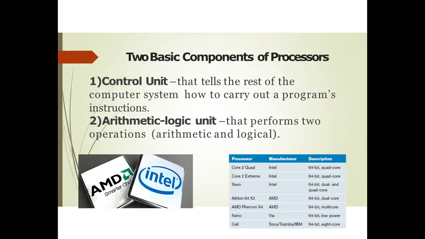There are 2 basic components of the processor. The first one is the control unit that tells the rest of the computer system how to carry out a program's instruction. And the other one is the arithmetic logic unit, or the ALU, that performs 2 operations. We have the arithmetic and the logical.